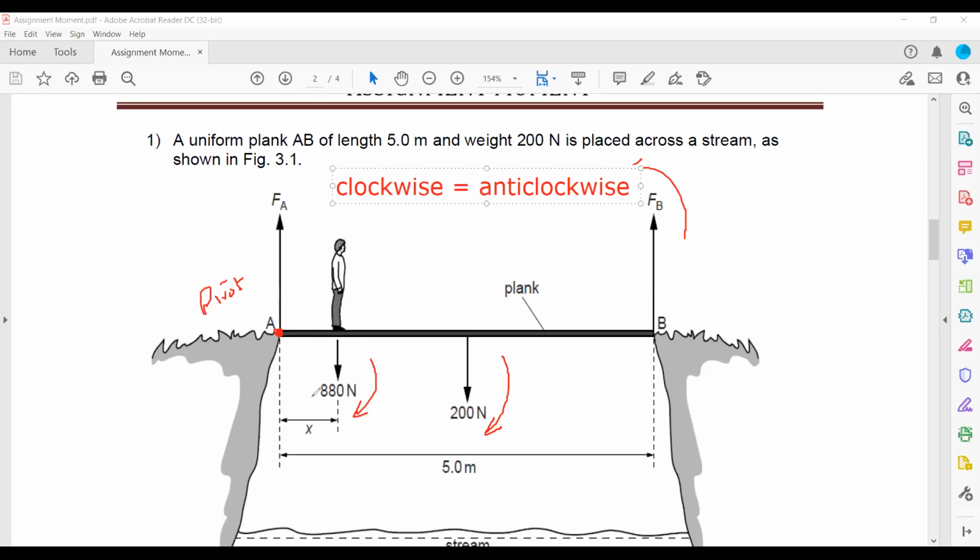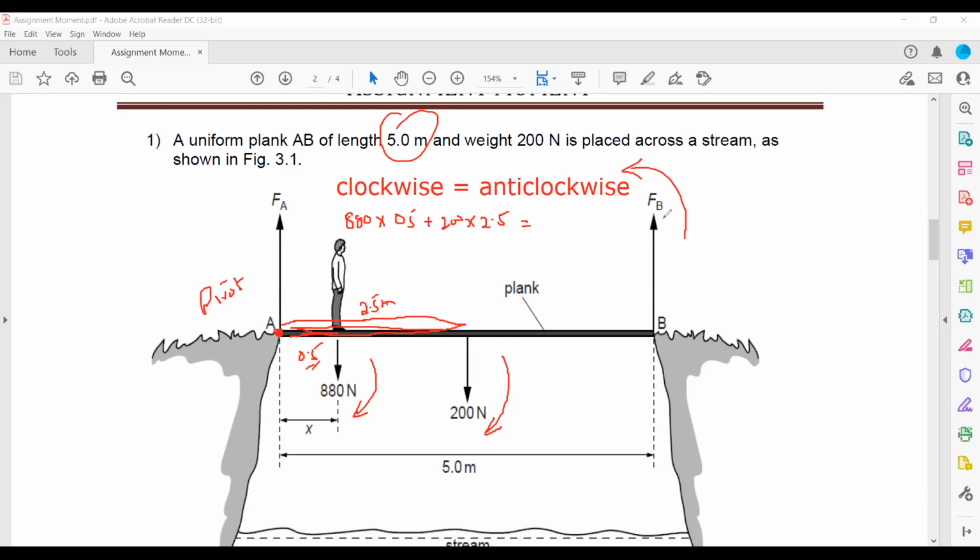So the clockwise moment: the weight of the man, which is 880, multiplied by the distance from the pivot, that's 0.5, given in the question. 200 is also causing a moment in the same direction, so 200 multiplied by the distance from the pivot, because it is acting at the center. If the total plank length is 5 meters, this distance will be 2.5.